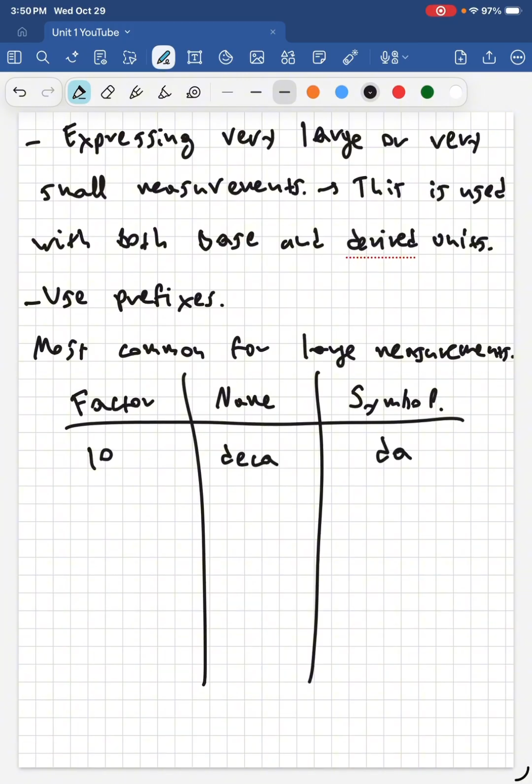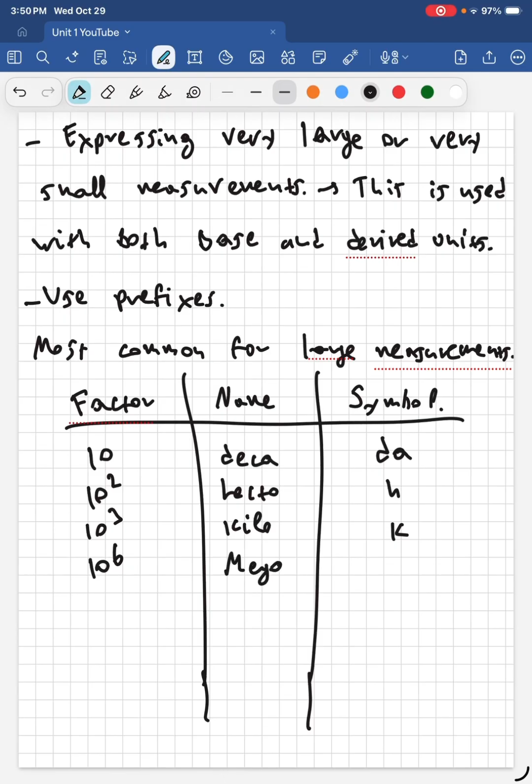Okay, it's very rarely used. Then 10 to the second, the name is hecto and the symbol is h, also very rarely used. But then we have a very popular one, 10 to the third. The name is kilo and the symbol is lowercase k, okay? This is very, very frequently used. Another popular one is 10 to the 6, which is mega with capital M.